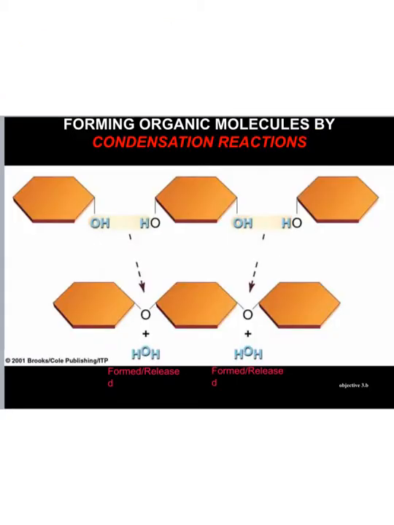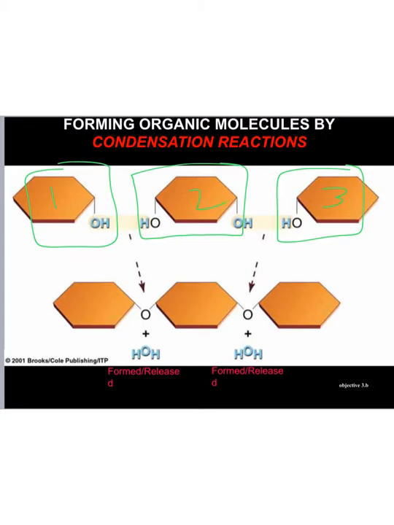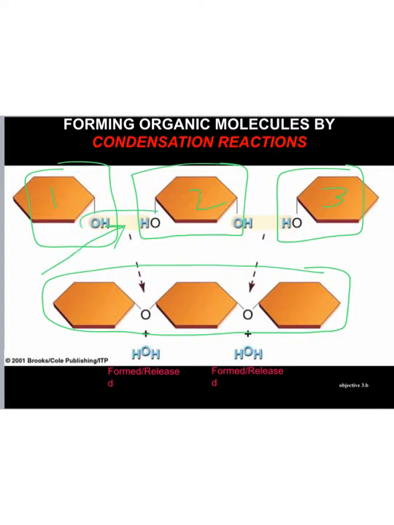Okay, so here we have small monomers. So I'm going to draw a box around each of the individual little monomers here. So we have 1, 2, 3 monomers that we are going to take and put together, form bonds between, to make one big polymer. So the way that we do that is, these are enzyme catalyzed reactions. So an enzyme is going to come in here, it's going to attack these monomers at these hydroxyl groups.